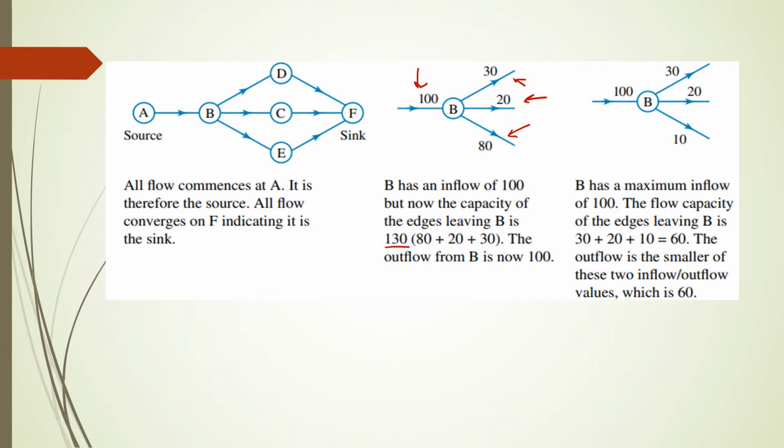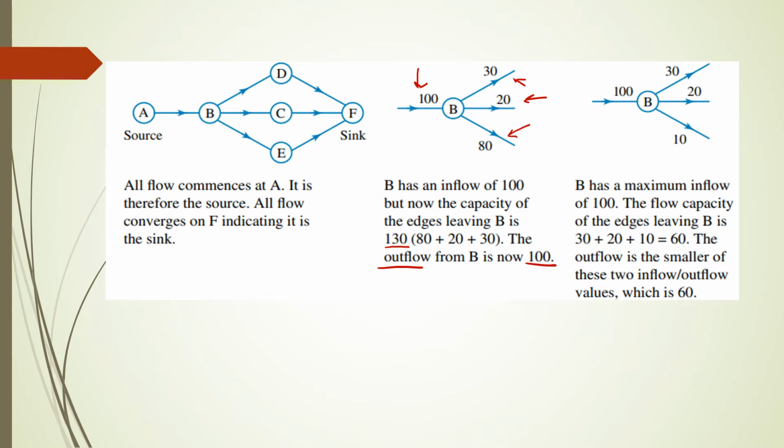It doesn't really make any sense. You can't have 100 litres coming into a vertex and then 130 litres just leaving it. Where did that 30 extra litres just magically appear from? Can't physically work. So for this one, the outflow from B is just 100, the same as the inflow, because that's all that can physically leave it if that's what's coming into it.